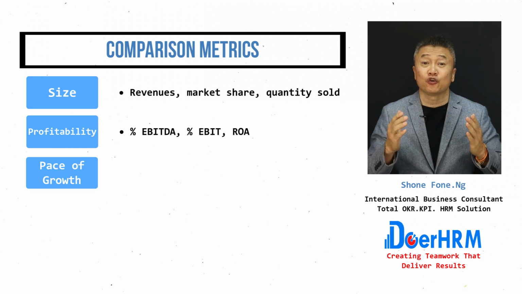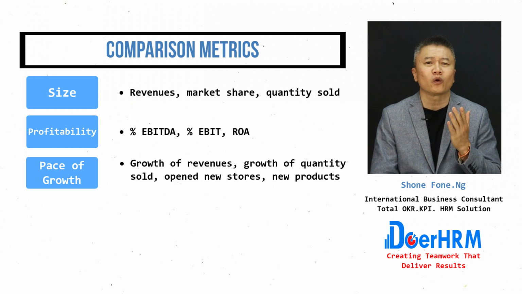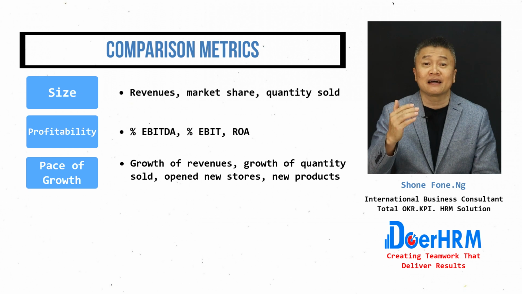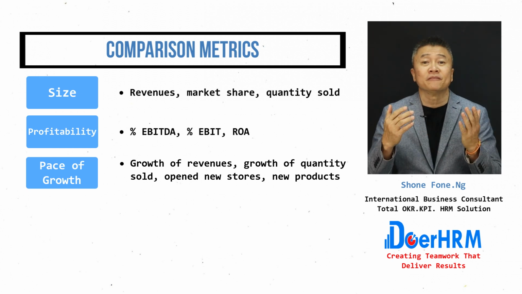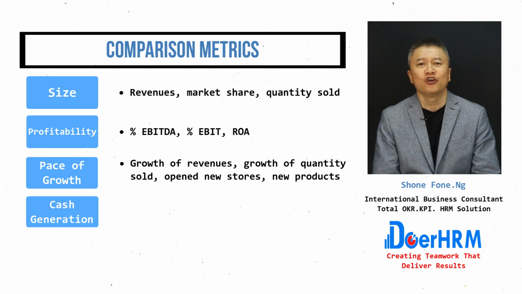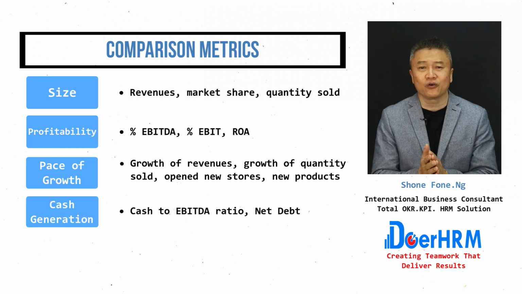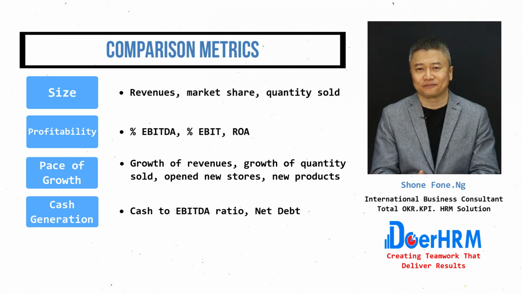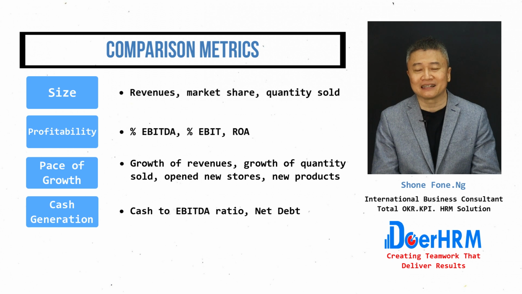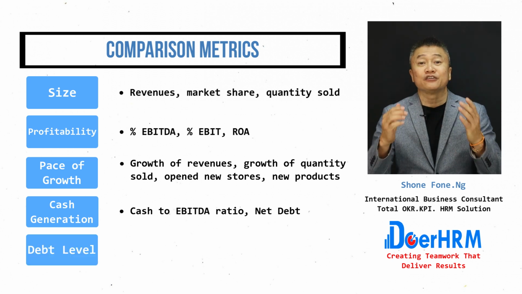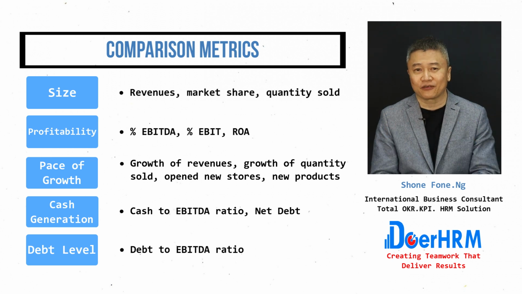But usually you look at the growth of revenues or quantity sold, or in some specific cases like retail, you can look at the number of new stores opened or new products. And when it comes to cash generation, you look at the cash to EBITDA ratio, or how much cash you got, or what your net debt is, so it is debt minus the cash you have got. And lastly, debt level is usually the debt to EBITDA ratio.